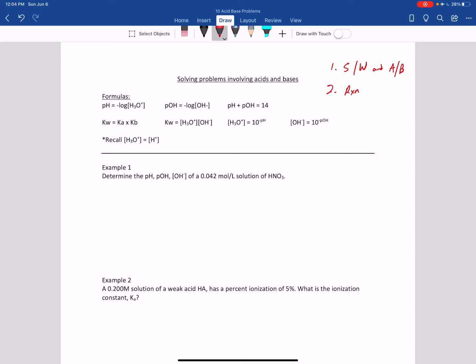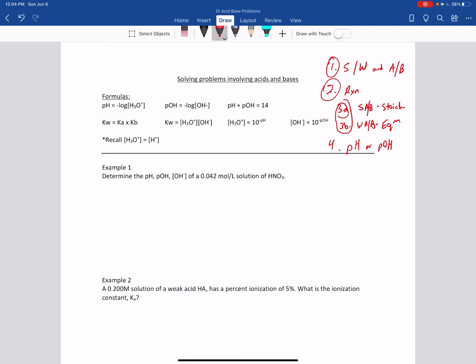From there, if it's a strong acid or base, we will use stoichiometry. If it's a weak acid or base, we will use equilibrium and ICE tables. And then lastly, we can relate that back to pH or pOH. So that's the link between everything.